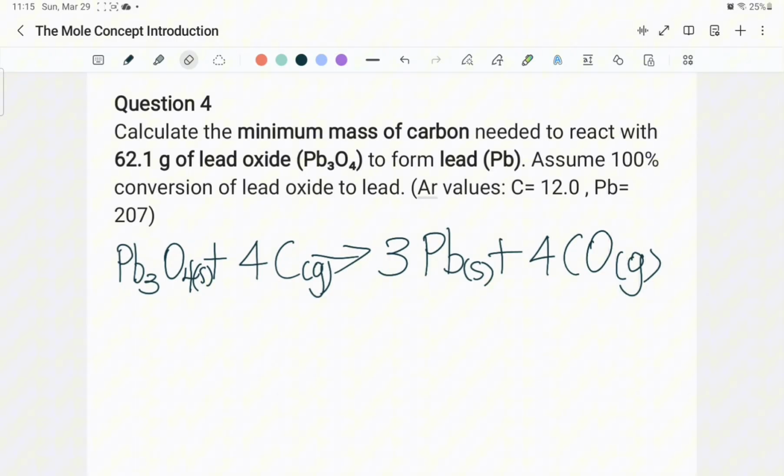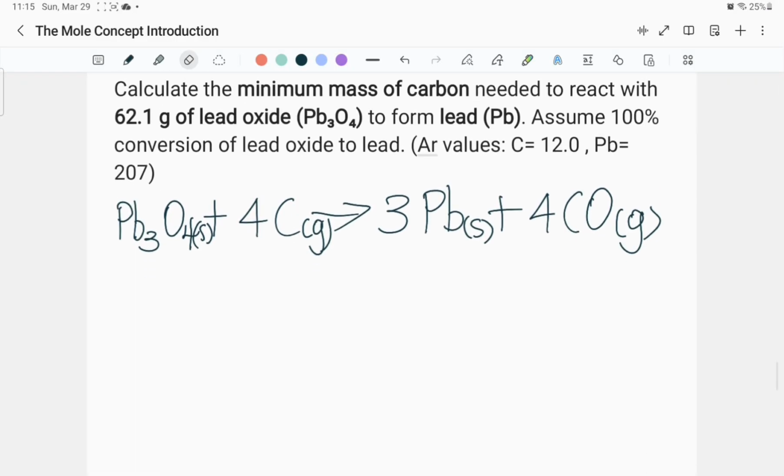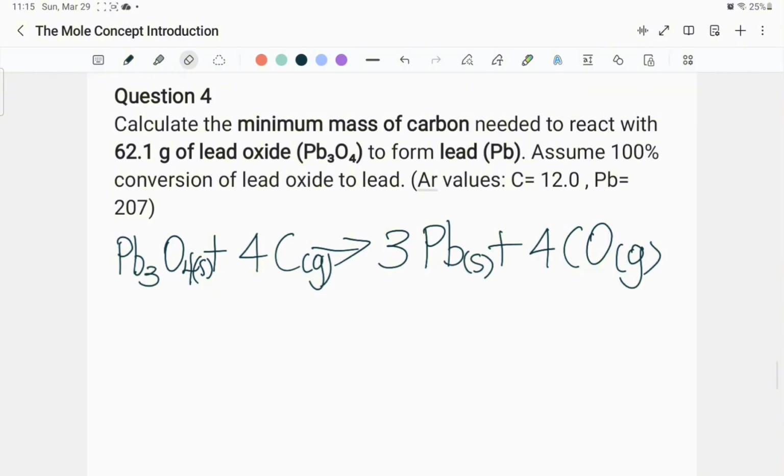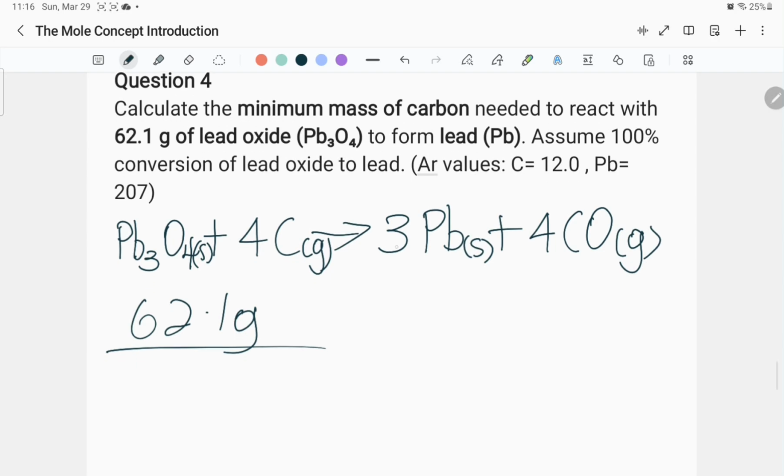They're already giving us the mass, which is 62.1 grams, and the molar mass of lead is 207.